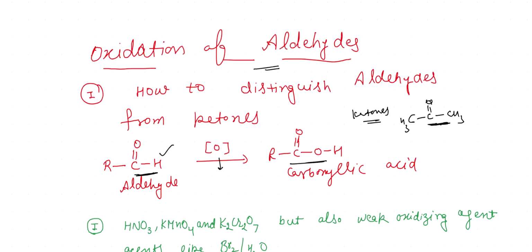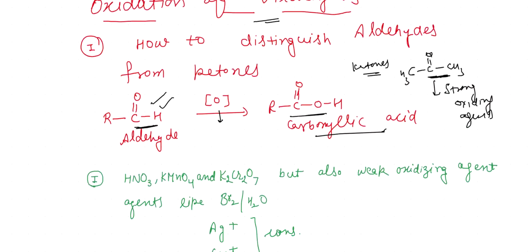By using what kind of reagent will we do the oxidation reaction of aldehyde so that we can distinguish it from ketones? Ketones can also undergo oxidation reaction, but only with strong oxidizing agents. But aldehydes can also undergo oxidation under mild reagents. There are several reagents such as nitric acid, potassium permanganate, potassium dichromate.